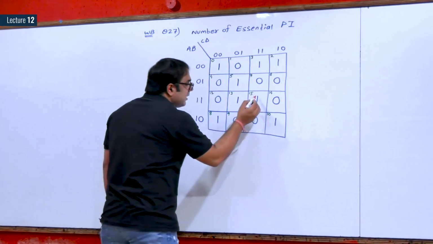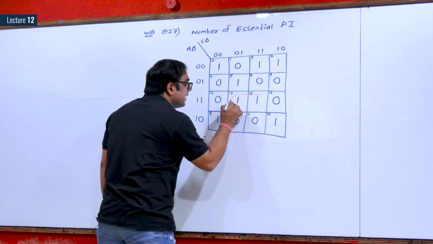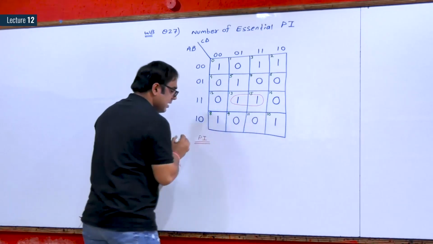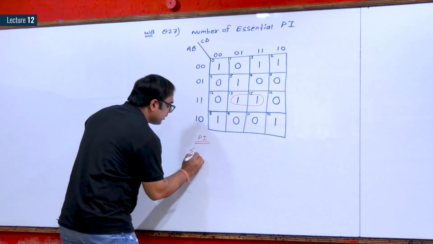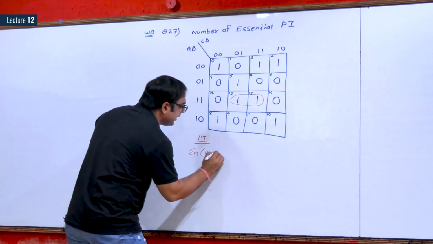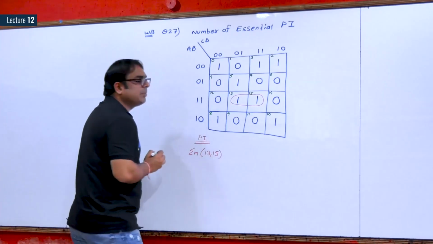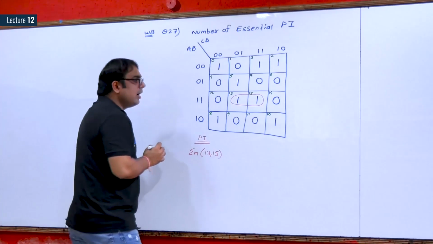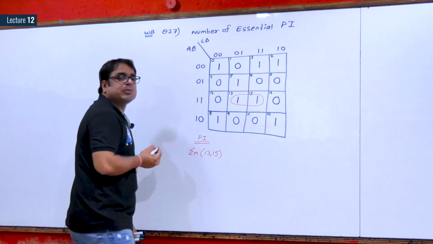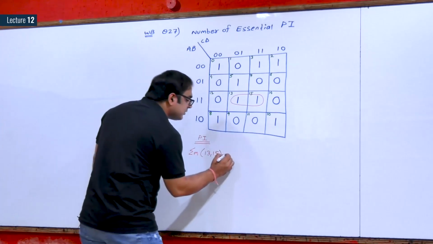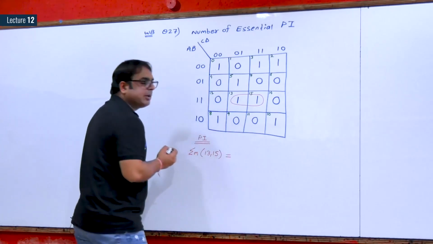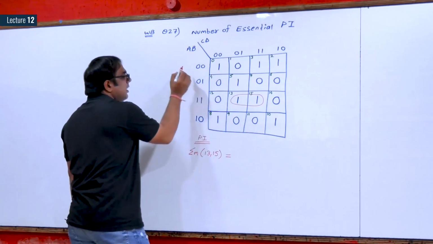So for example, first you can see this pair 13 and 15. This minterm 13, 15 is a prime implicant. This pair is not a part of a quad. If you want to write it in terms of variables, you can.